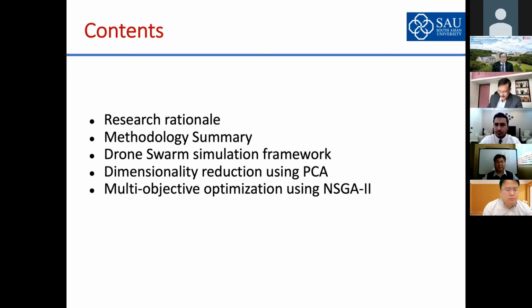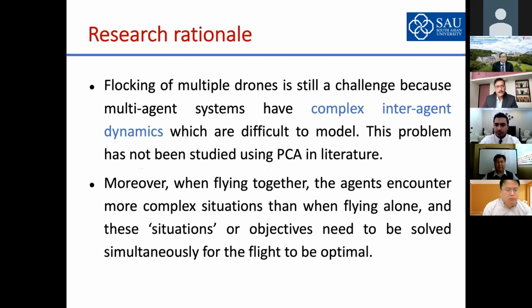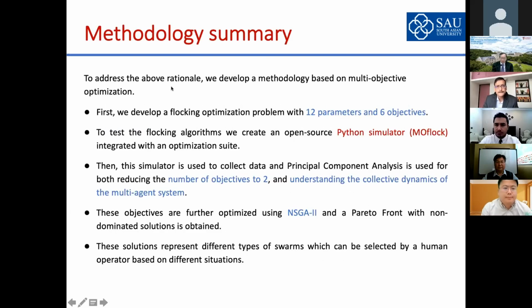First, we developed a flocking optimization problem. The drones are flocking, and this problem has 12 decision variables, 12 parameters, and 6 objectives. We formulated these 6 objectives and 12 decision variables. We developed a Python simulator named MOFlock, multi-objective flock.